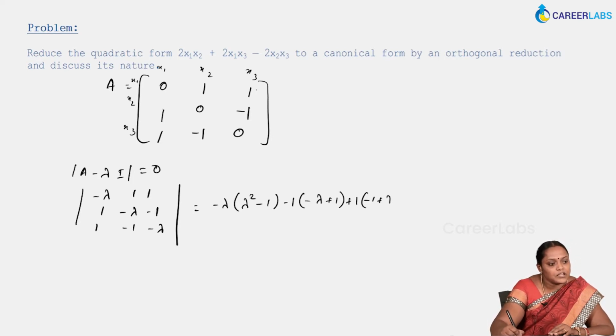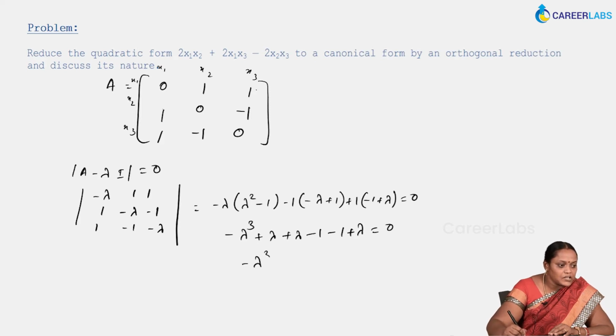Minus 1 plus lambda equivalent to 0. So, when you expand this, this is minus lambda cube, minus into minus plus lambda, then plus lambda minus 1 plus lambda equivalent to 0. So, this is minus lambda cube and 3 lambda minus 2 equivalent to 0. When you multiply this by a negative sign, this will be lambda cube minus 3 lambda plus 2 equal to 0.